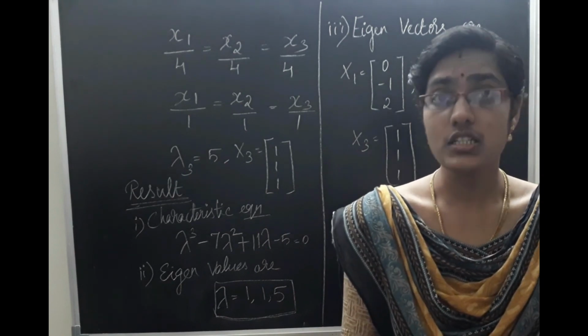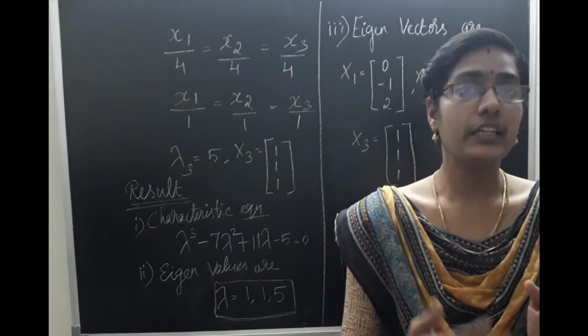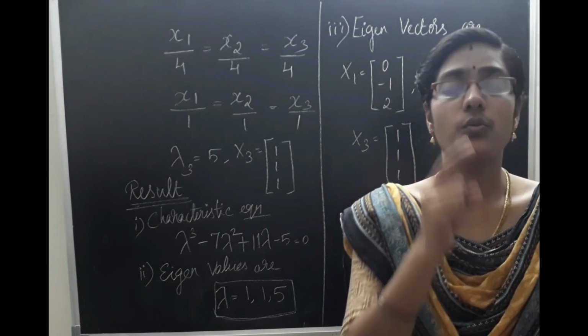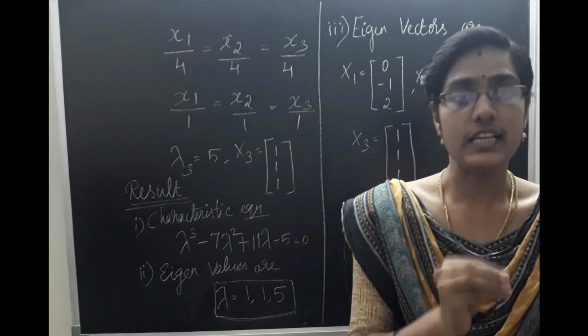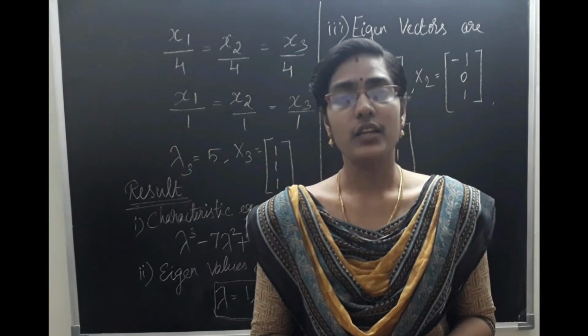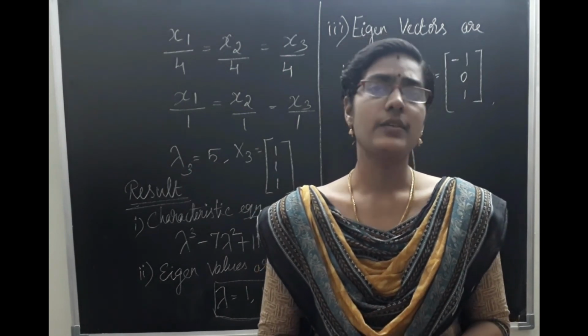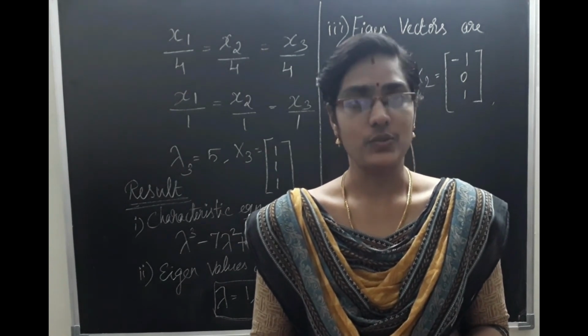But if not, whatever may be the number of repeated eigenvalues, you will have only one distinct eigenvector. Please remember this alone. So this is the method to find the eigenvalues and eigenvectors of a 3 by 3 matrix. In the next video we will discuss the properties of eigenvalues.